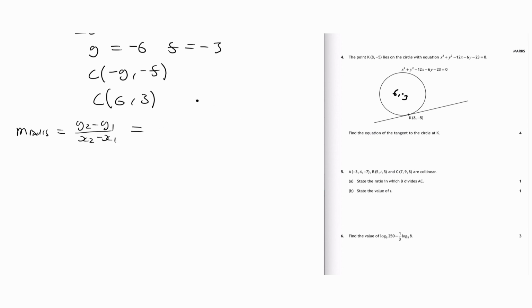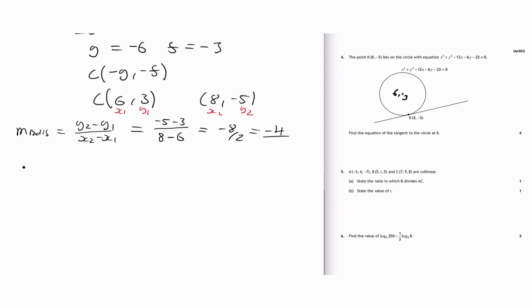So our points are (6, 3) and (8, -5), so x1, y1, x2, y2. So we have minus 5 minus 3 all over 8 minus 6, which is equal to minus 8 over 2, which is equal to minus 4.